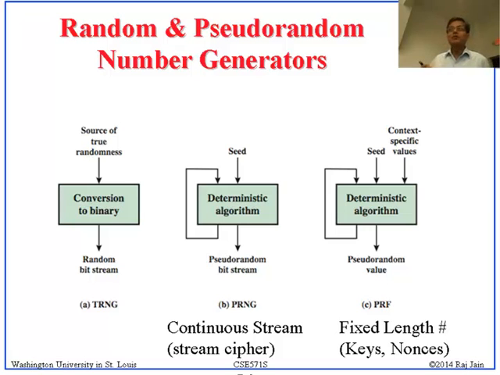Only people who have the key can generate the stream and therefore decode whatever we are encrypting. So these are different from LCGs in that sense. In LCGs, the only thing we have is a seed and the formula, and the formula is easy to calculate. Here, even if you get thousands of bits, you will not be able to calculate the key.